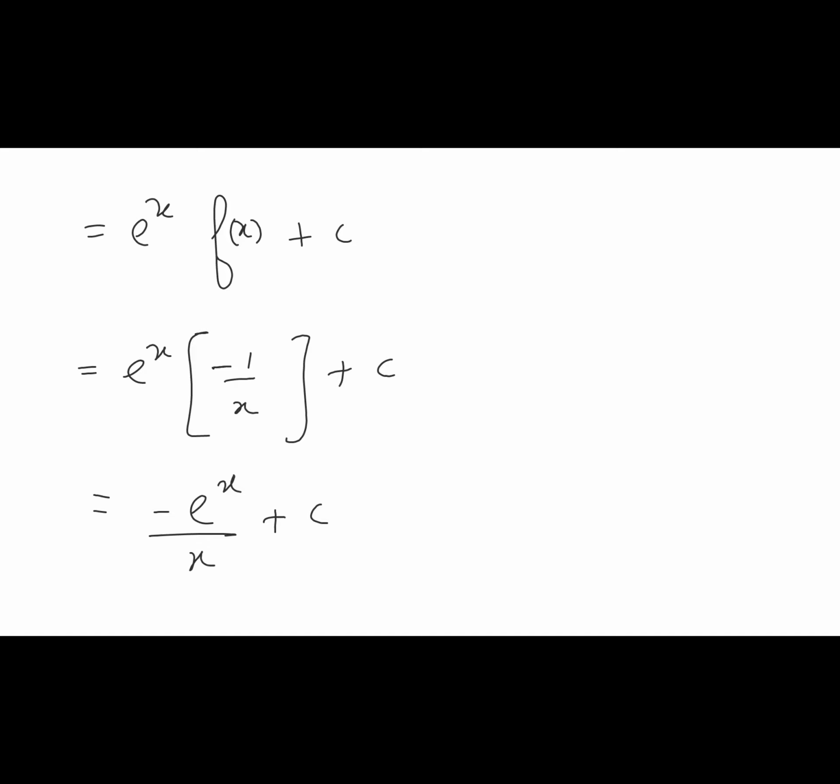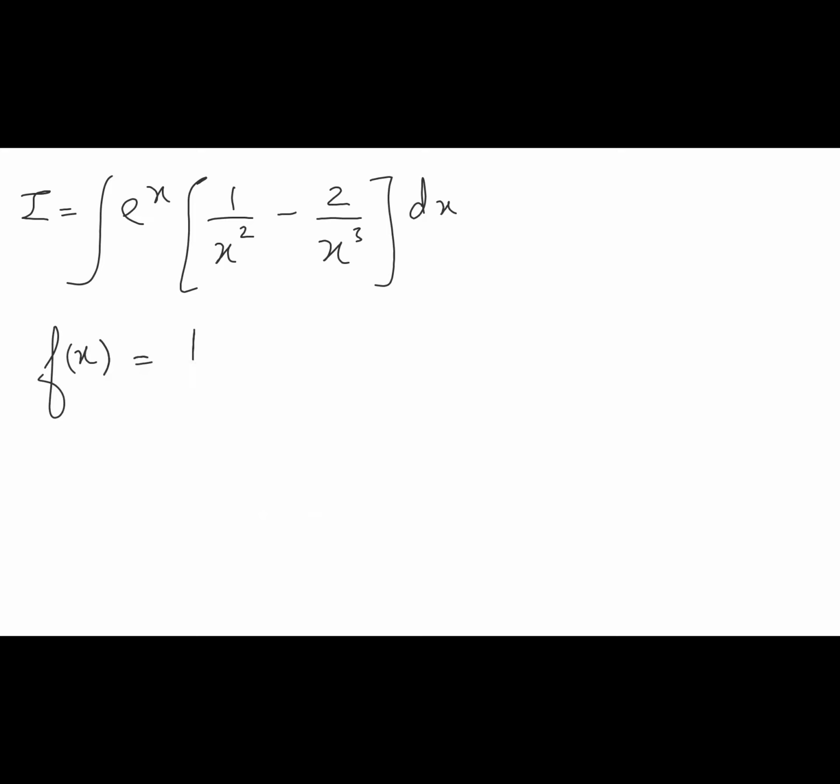Okay, let's take one more example of the same category. Integration e raised to x, 1 upon x square minus 2 upon x cube dx. Okay, so let's take the first term as f of x.